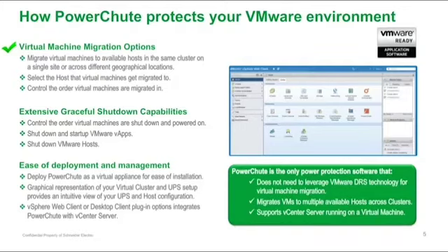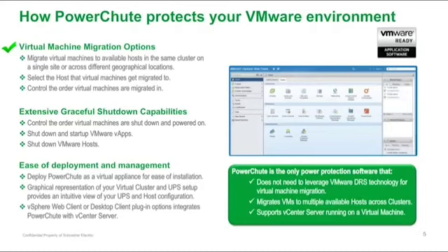You can also select the specific host that virtual machines get migrated to for greater control. Lastly, PowerChute Network Shutdown version 4.1 provides the option to control the order that virtual machines are migrated in.